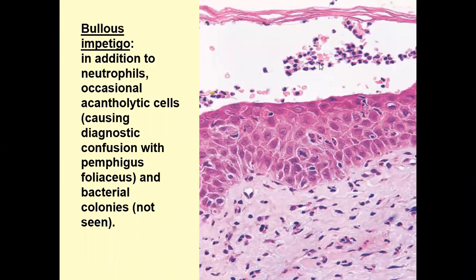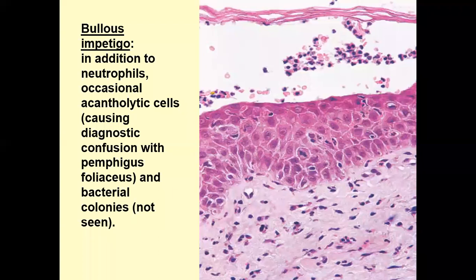In addition to the neutrophils, occasionally acantholytic cells are also seen in bullous impetigo. That's why bullous impetigo can be confused with pemphigus foliaceus. But just remember that the age group of the patient is different: pemphigus foliaceus usually affects adults, and bullous impetigo affects children.